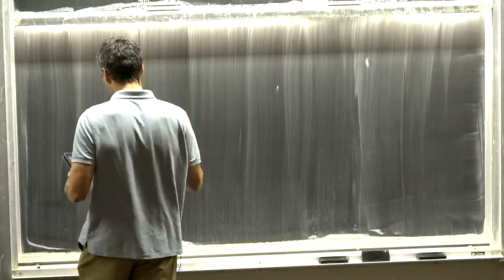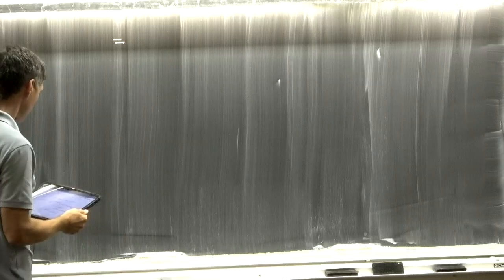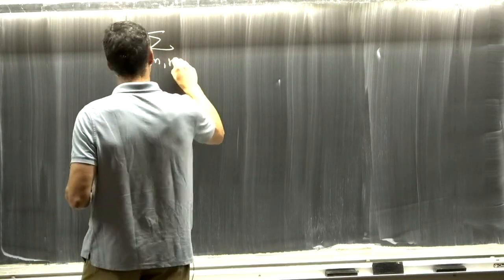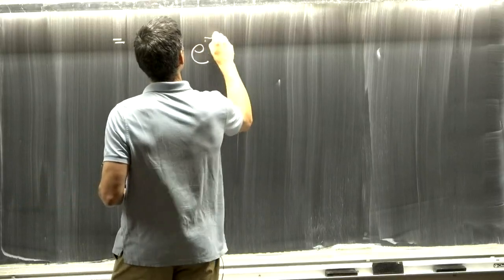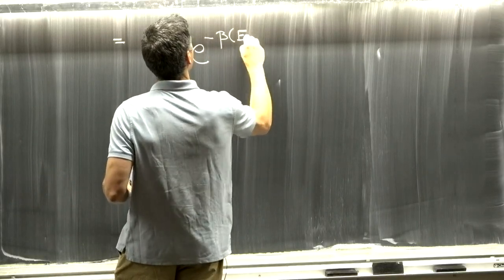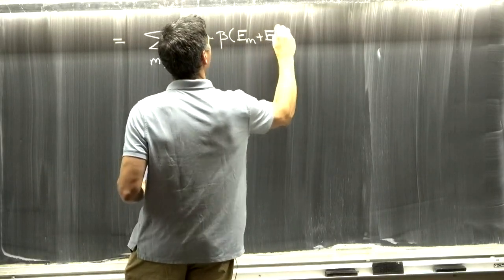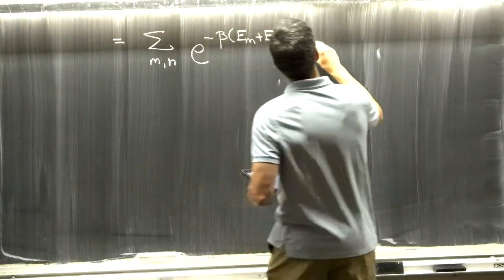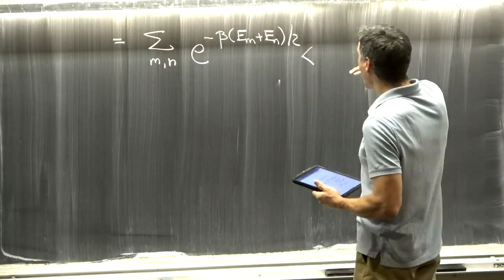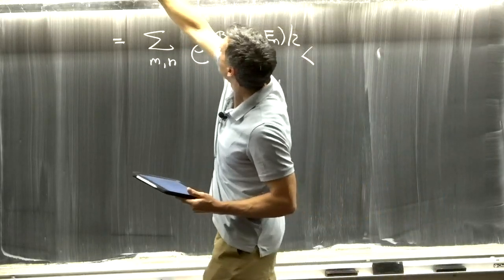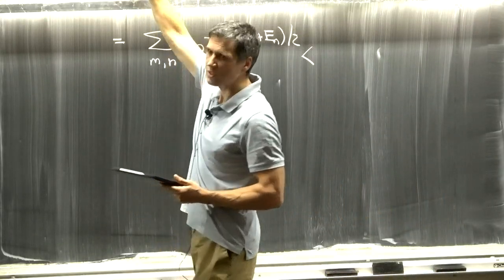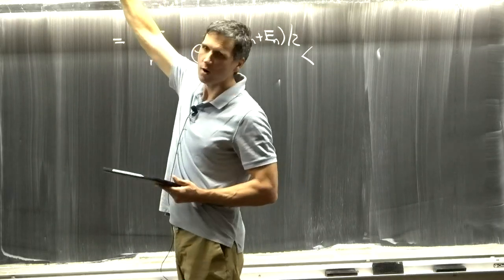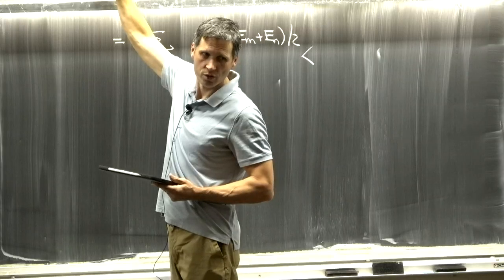So if we take that Minkowski vacuum and expand it out in Rindler states, there's a double sum over m and n, e to the minus beta, E_m plus E_n over 2. Now, A has support only in the right Rindler wedge. It's an operator on the right Rindler wedge. A bar has support only in the left Rindler wedge.